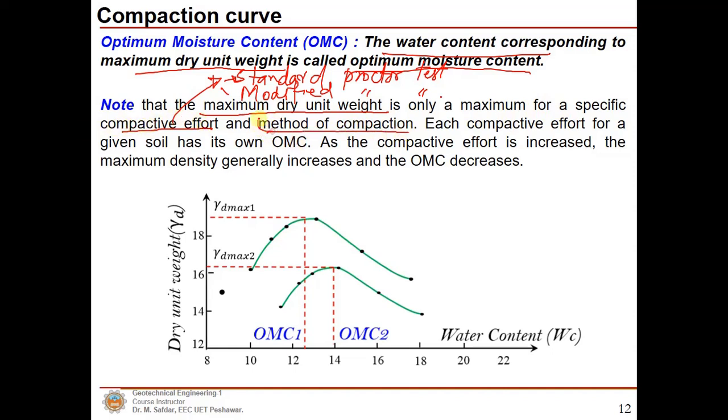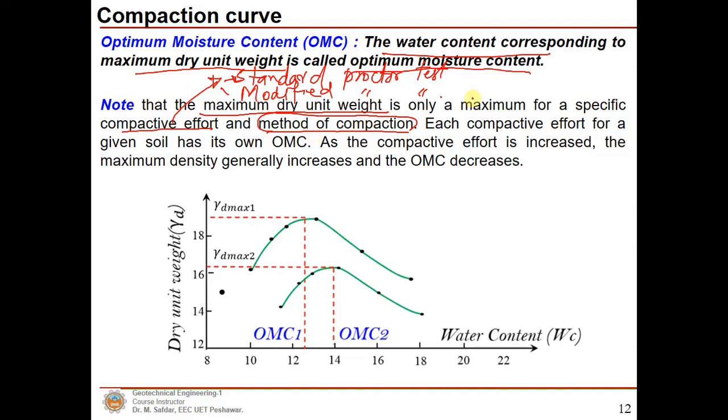For example, if we are dealing with different types of rollers, such as those that work on kneading action, dynamic action, or static action, that will also change the unit weight and the required optimum moisture content to compact that soil.